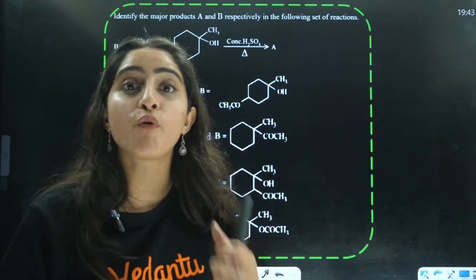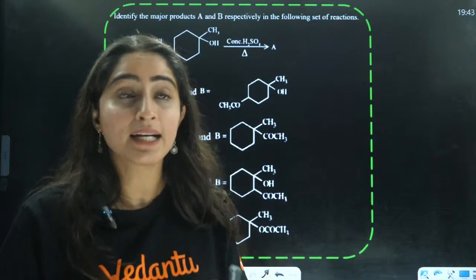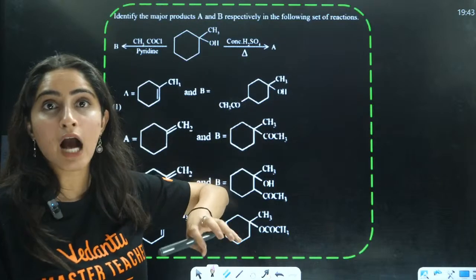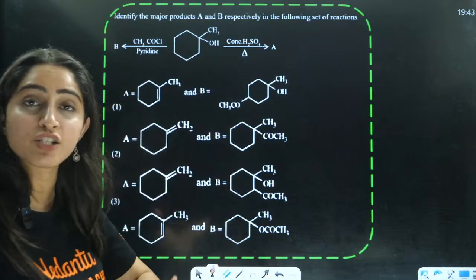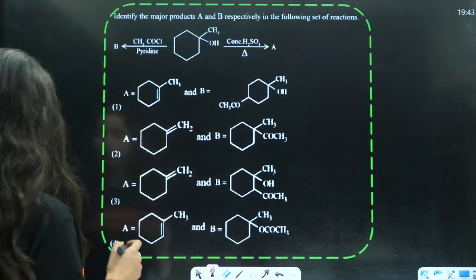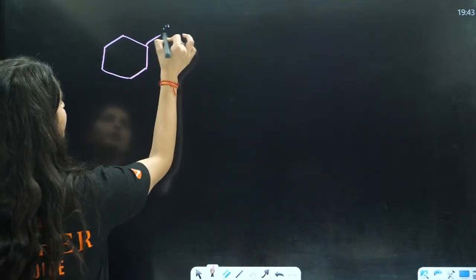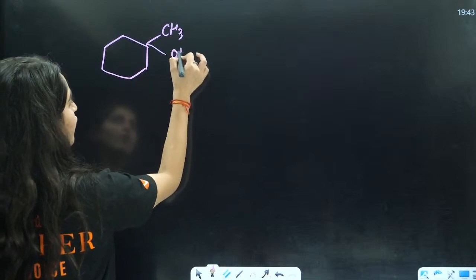It is famous for dehydration. It is a very good dehydrating agent. That means it is going to take out water from here. So let me draw this structure here. You have CH3, you have OH.